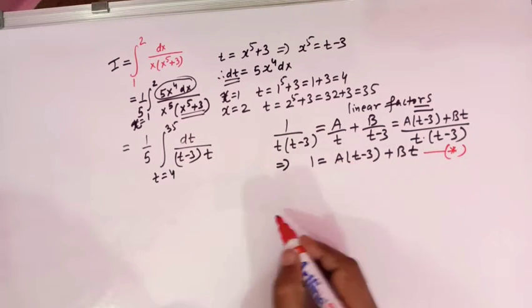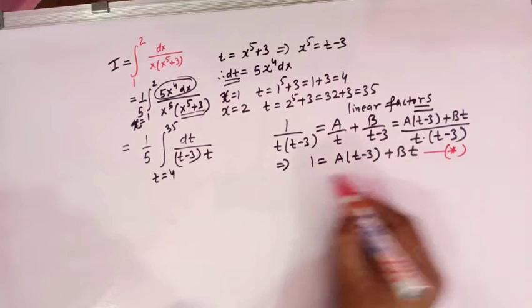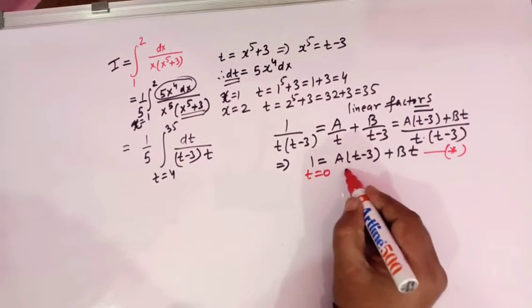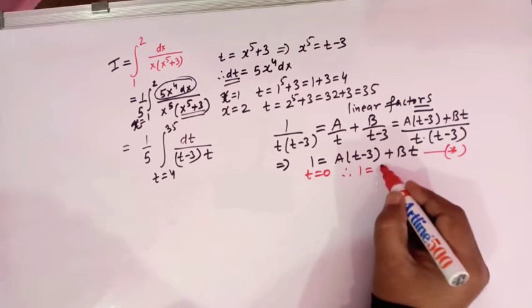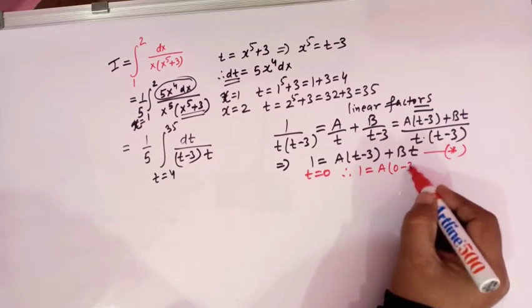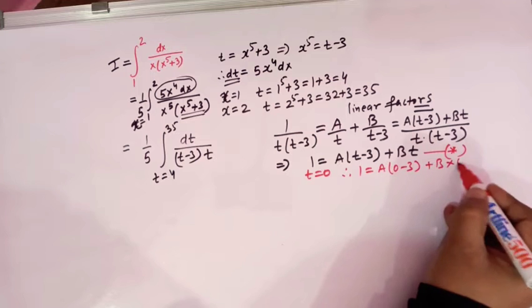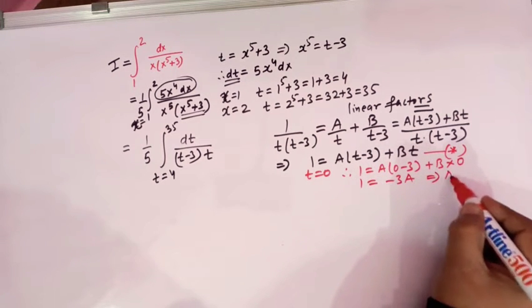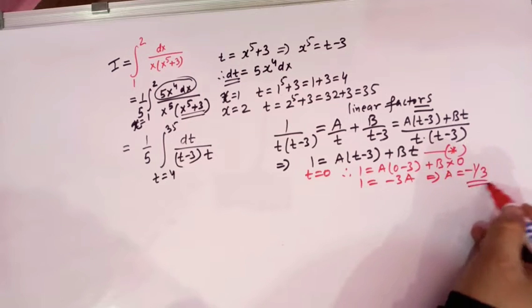To get the value of a, we can write t is equal to 0. When t is equal to 0, we get 1 is equal to a times (0 minus 3) plus b times 0, so 1 is equal to minus 3a, and a is equal to minus 1 over 3.